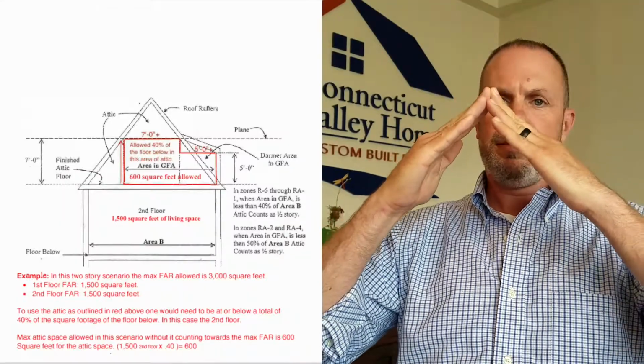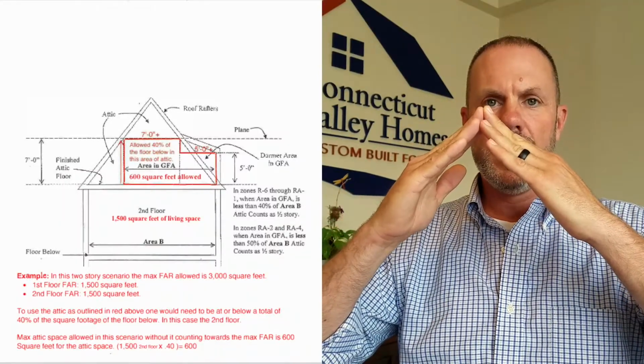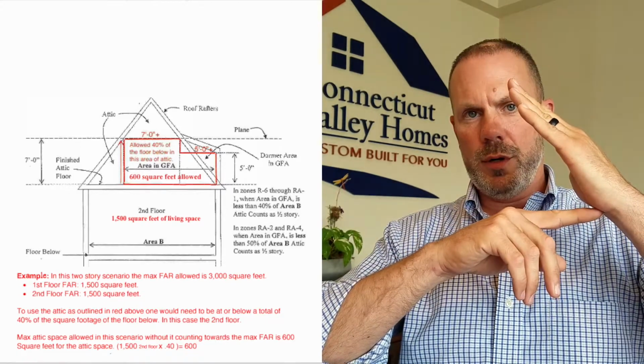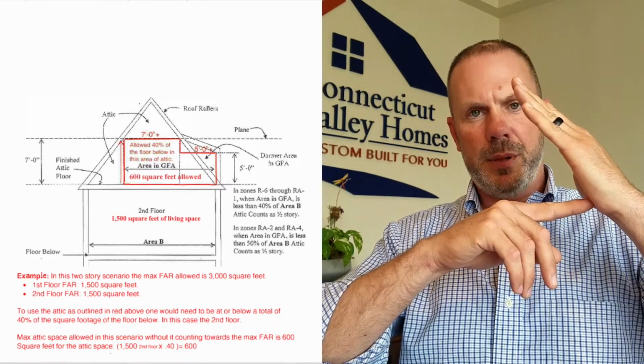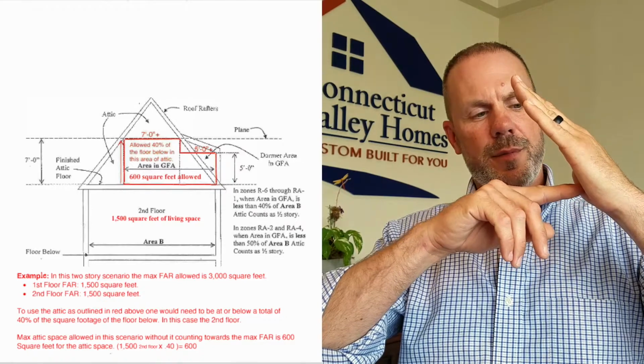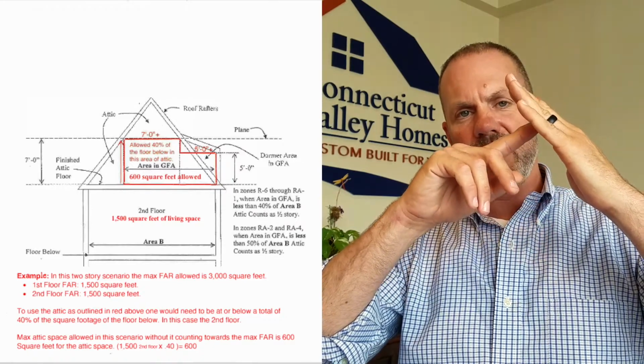So how do you get that number? Your attic ratio number comes from that 40%, right? So if you have a typical gable roof, you would follow from the floor at the top plate. You'd follow that roof rafter from the heel all the way up till you hit 7 feet.